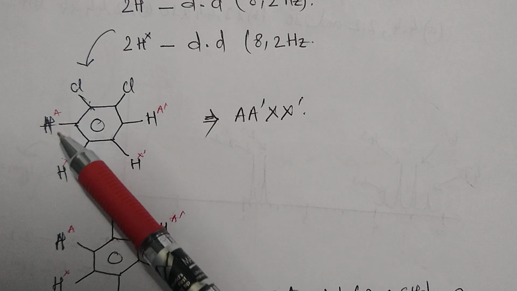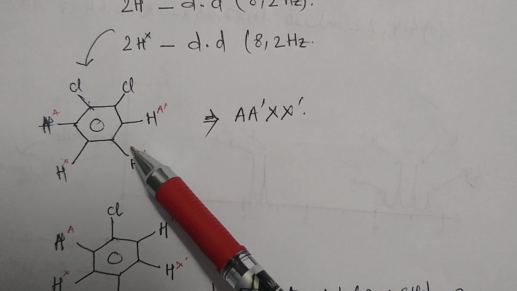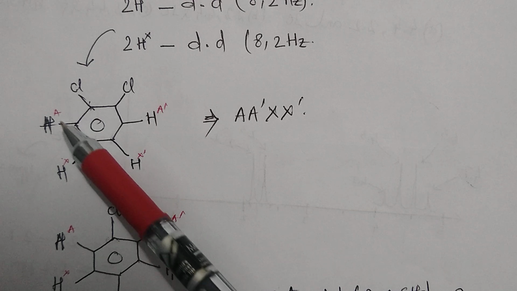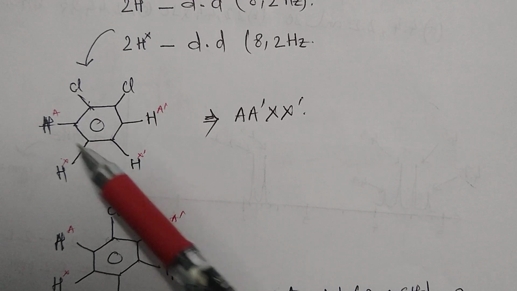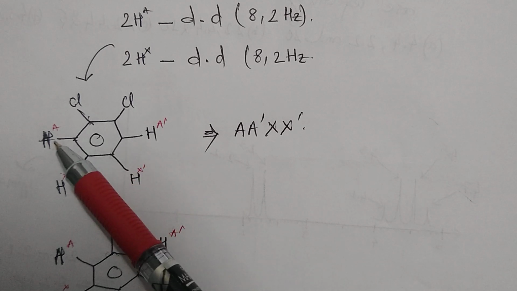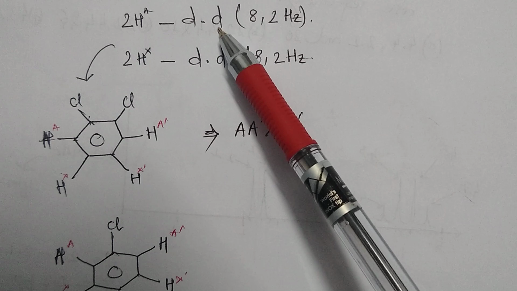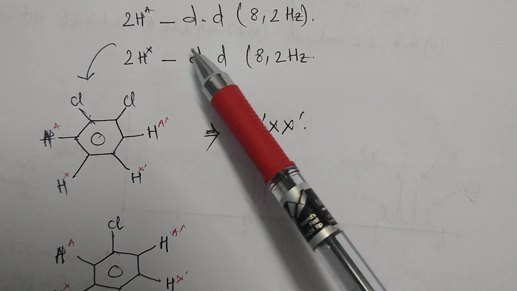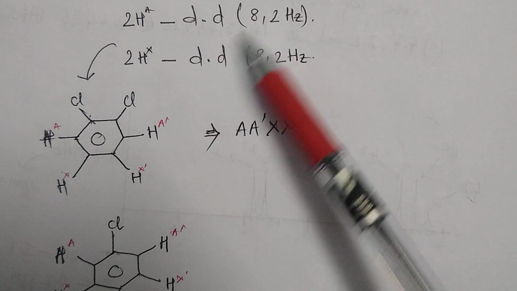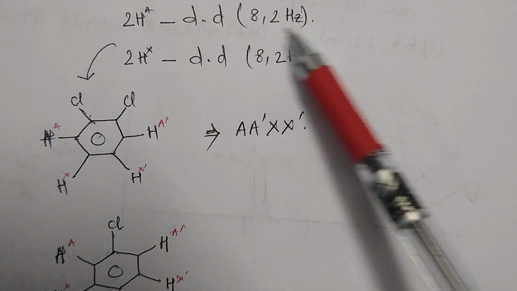Another, this A will couple with this X dash over here, so they will give another coupling constant and another doublet. So the A type of proton will have a doublet signal with a coupling constant: with this it is 8 Hz, and with this meta, that is 2 Hz.